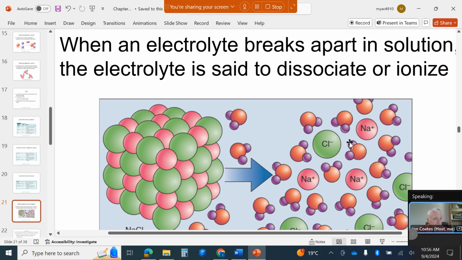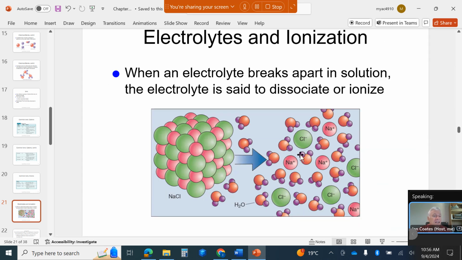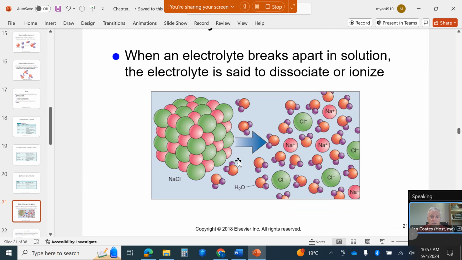That was positive, positive, positive, positive, holding the negative ion in place. Sodium atoms, which are positive because they lost an electron, are being supported by the negative side of the water. There's your oxygen. You remember that those guys are negative. And that's how making a solution works. Okay?